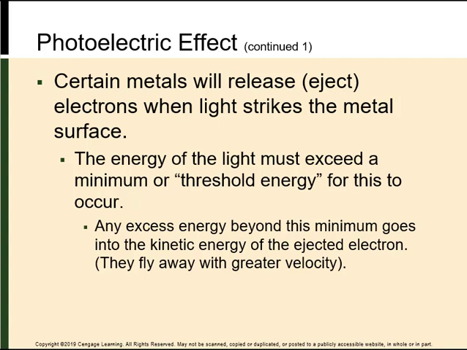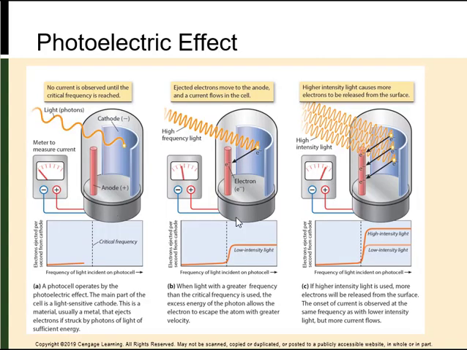If light with a lower frequency is used, no electrons are ejected, regardless of the light's intensity or its brightness. If the frequency is at or above a minimum critical frequency, increasing the light intensity causes more electrons to be ejected. And here's a picture of this.